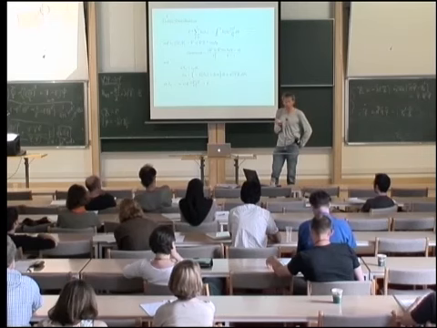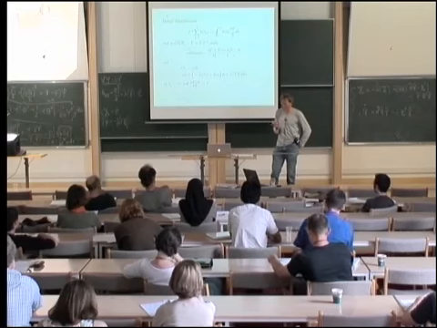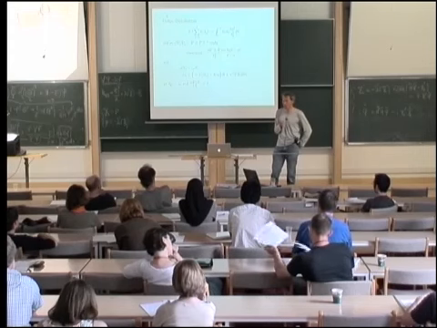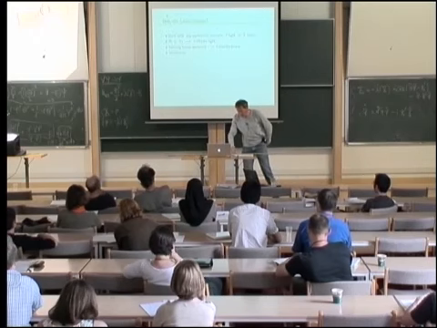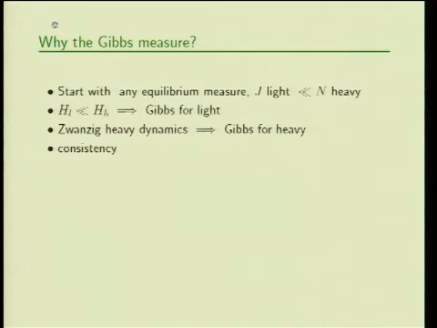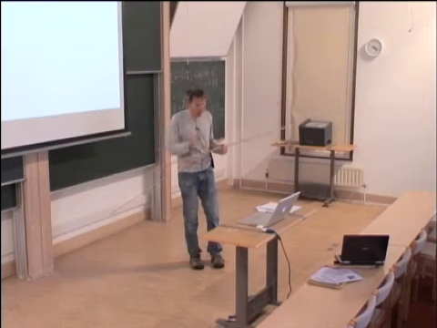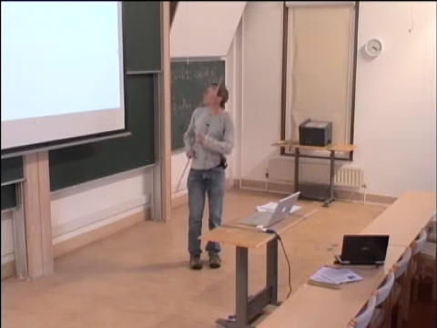Okay, so here is an argument that you may know, but I didn't: that it's only the Gibbs measure that has this property. So suppose you start with any equilibrium measure and you have a system with large heavy energy compared to the light energy, which is smaller, and you measure this in the number of particles.